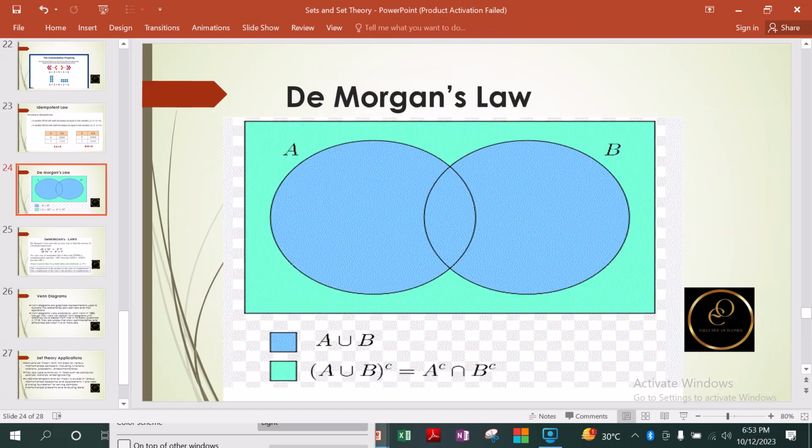We also have De Morgan's law in set theory. So what does De Morgan's law mean?